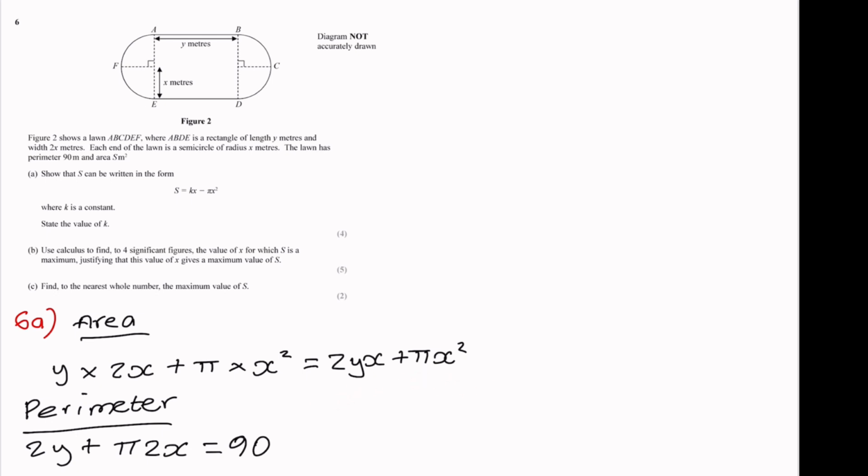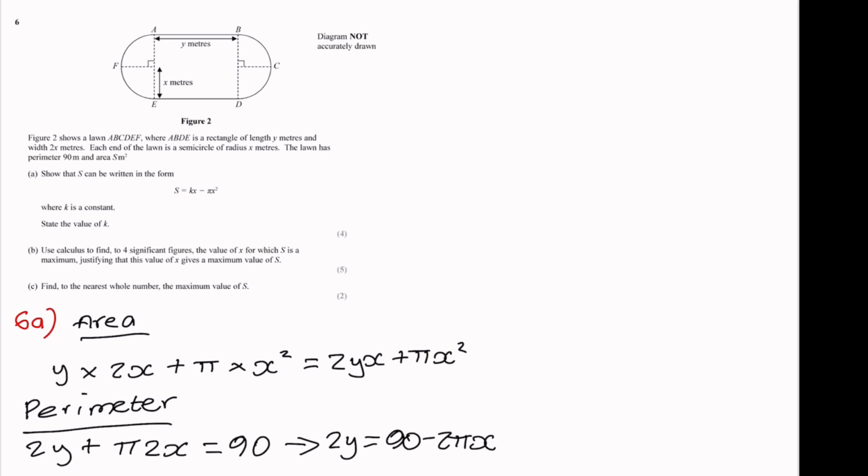So what I'm going to do is rearrange the equation for the perimeter to say 2y is equal to 90 minus 2 pi x, and I'm going to substitute this into the formula for my area, and that will eliminate the y, and I will have the area just in terms of x and constants.